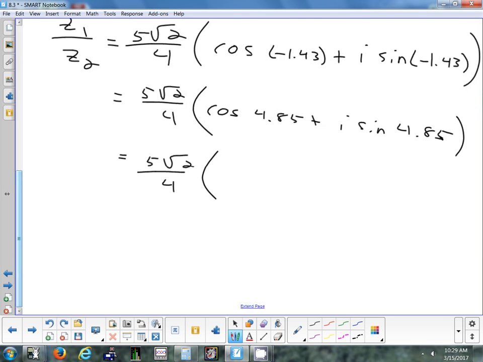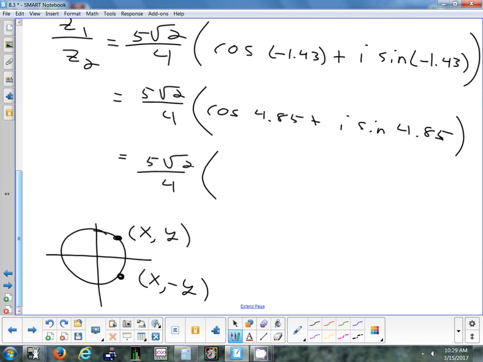Well, let's think about it as a picture. I'll make up an angle. Let's do 45 degrees, just because that's an easy one. And let's say the coordinate of it is (x, y). What would the coordinate of negative 45 degrees be? It would be (x, negative y). When you're taking the cosine of an angle, what letter is it, if we're doing unit circle trig?